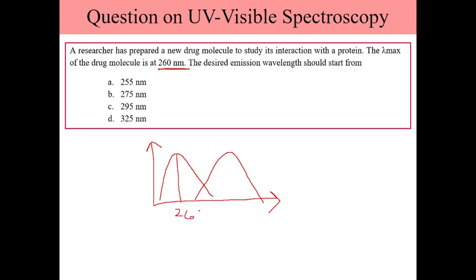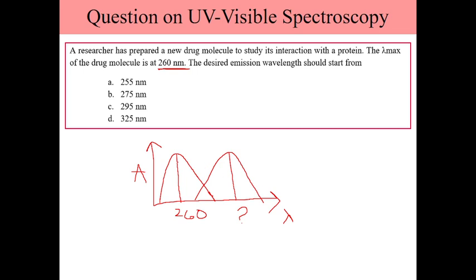This they have said is 260, right? They are asking what this should be, and this is your absorbance or A, and this is your lambda in nanometers. This is the wavelength that it absorbs, and this is the wavelength that it emits.